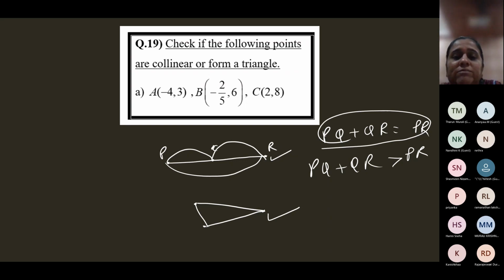Okay. Check if the following points are collinear or form a triangle. Now do it, children. Find out AB, BC, and AC. Let me see who can give me the answer first for AB.